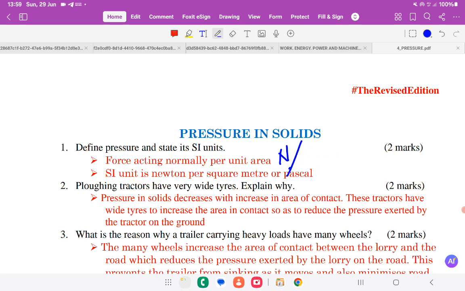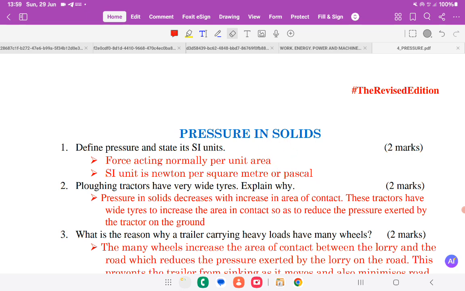Don't write both, just write one. Both of them are SI units. They are acceptable as the SI units.